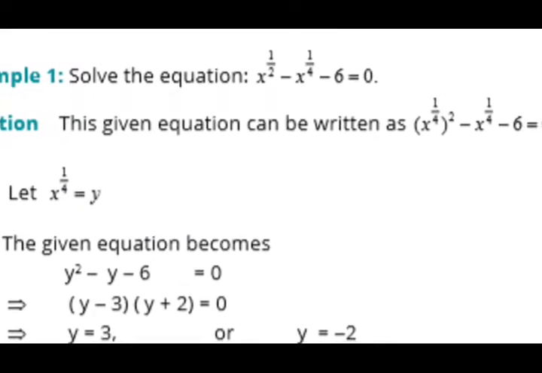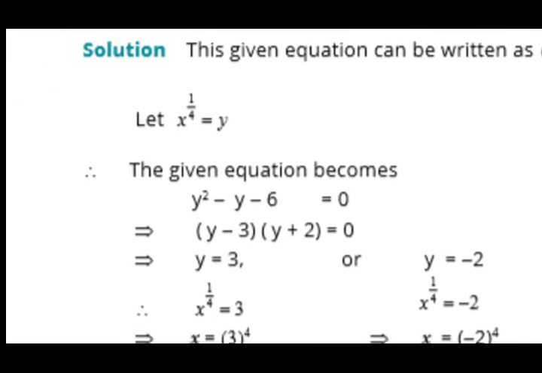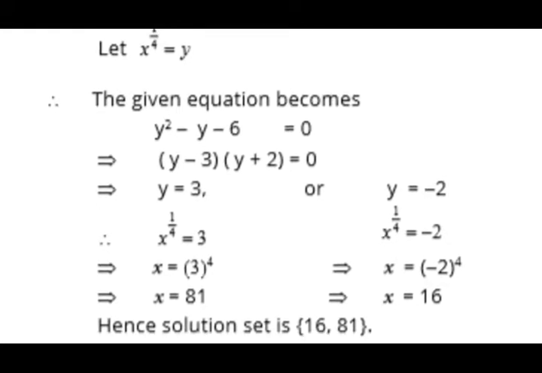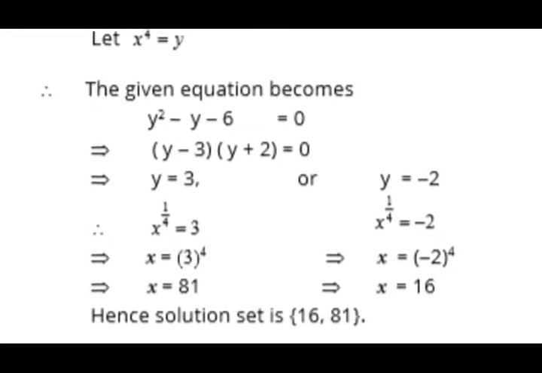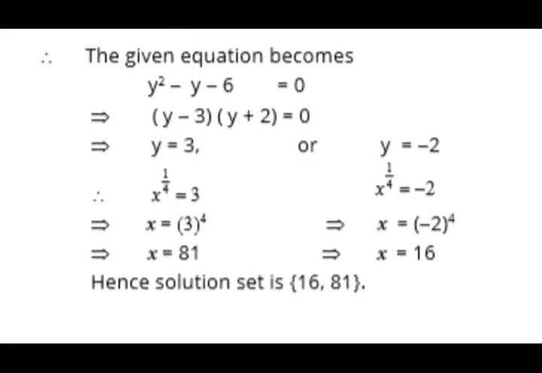We place x raised to the power 1 by 2 whole square, and it becomes x raised to the power 1 by 4 square, and then let x^(1/4) equal to y. Now we factorize. Factors of 6 are minus 3 and 2, because when we add minus 3 and 2 it becomes minus 1.